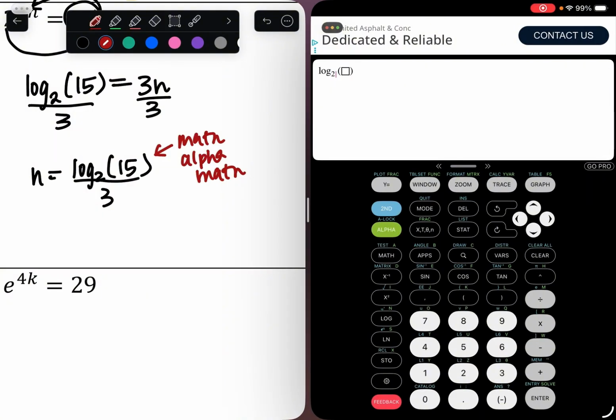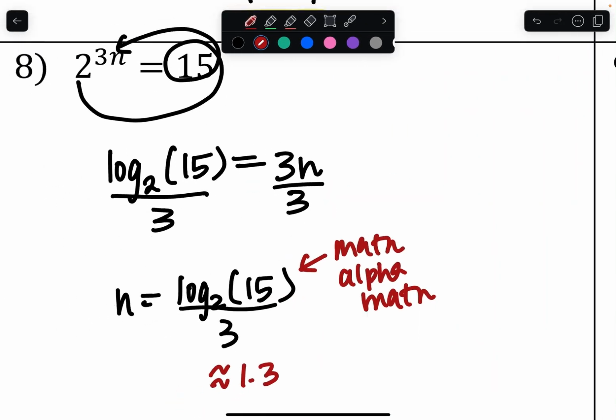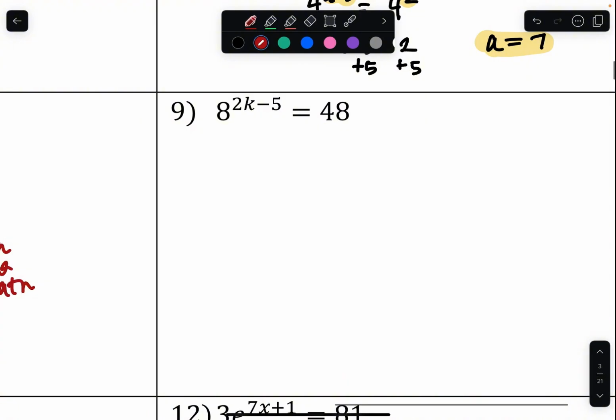And so I'm typing in log base 2 of 15, get out of the parentheses to divide by 3. And so this is approximately 1.3. Okay, this next one, similar situation, 8 to any power is not going to give me 48.